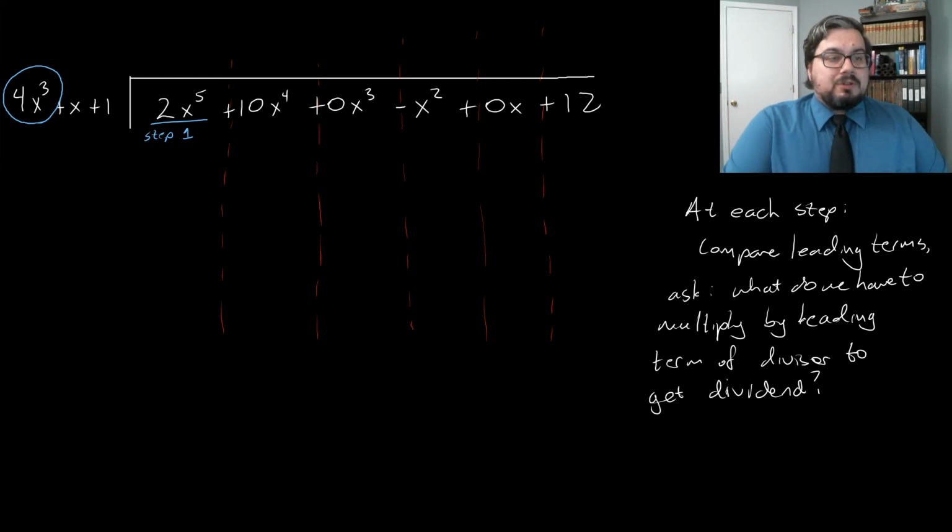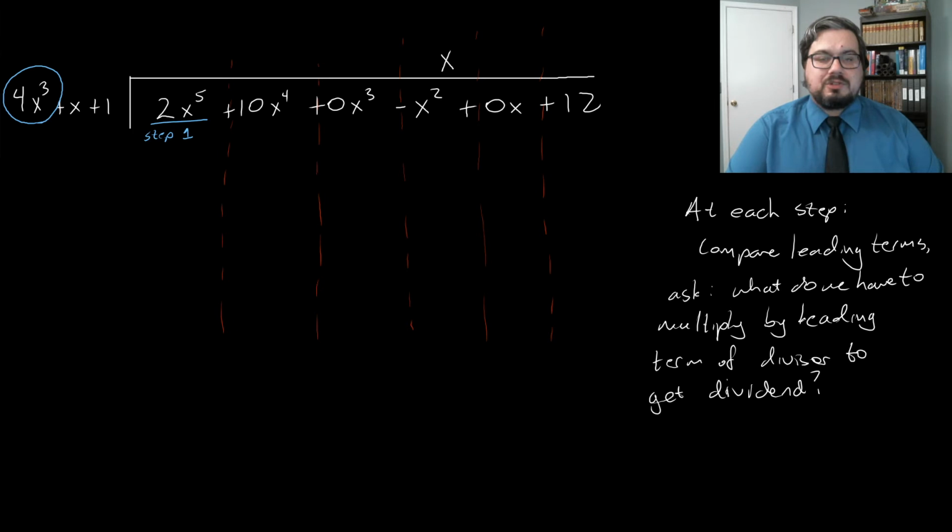So first of all, we want to look at the degrees. We want to say, what do we have to multiply by x cubed in order to get x to the fifth? And we've got a difference of 2 here. So we're going to be multiplying our dividend by an x squared term.